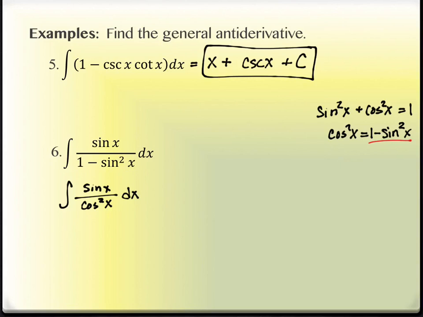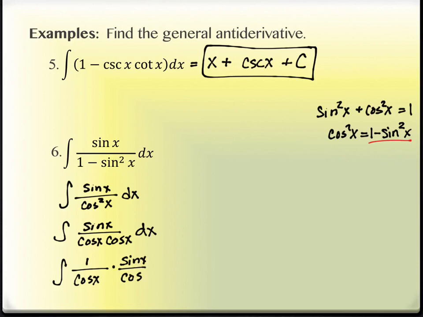So watch what I'm able to do. This is sine x, and I can break this apart to say cosine of x, cosine of x. So far, so good. That's what cosine squared means. So I can rewrite this as the numerator 1 over cosine of x and the numerator sine over cosine of x.